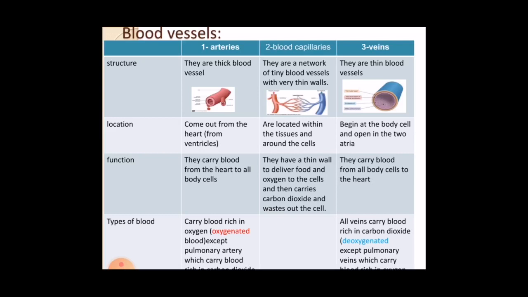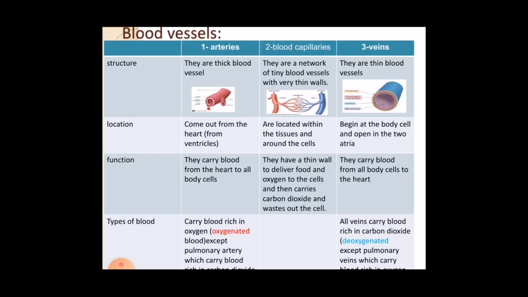There are three types of blood vessels: arteries, blood capillaries, veins. Arteries are thick blood vessels. Blood capillaries are very tiny blood vessels. Veins are thin blood vessels. Arteries carry blood from the heart to all the body cells.